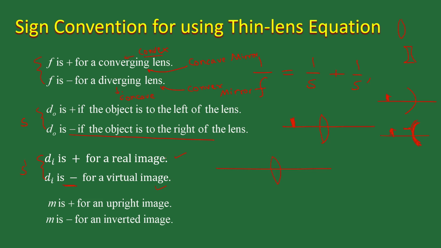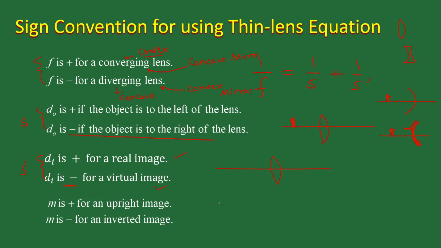Again, a real image is formed by real intersection of the refracted rays or reflected rays. In case of mirror, it's reflected rays, and in case of lenses, it's refracted rays. The actual intersection of those rays forms a real image. And if there is no actual intersection, and we need to produce the rays backwards, then the image formed is called a virtual image.